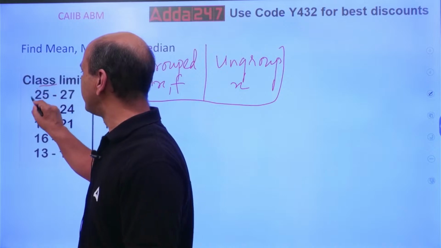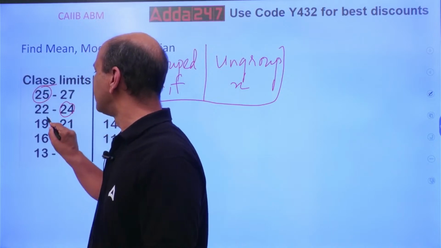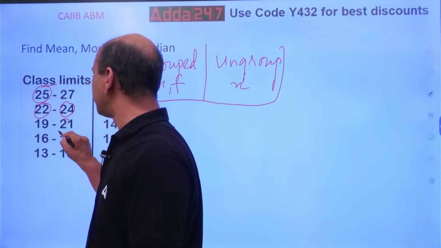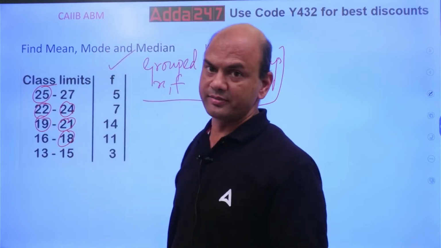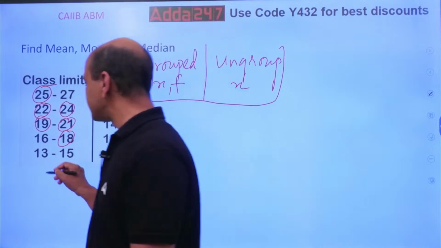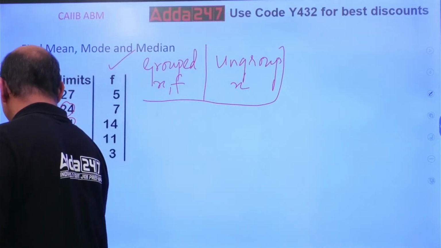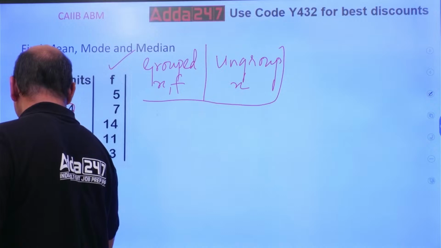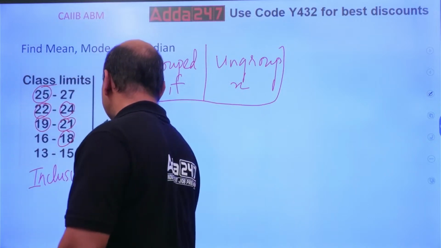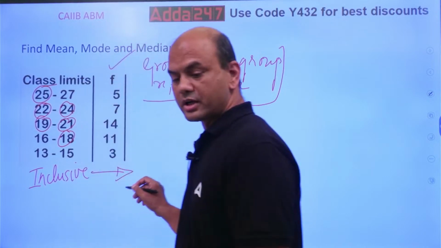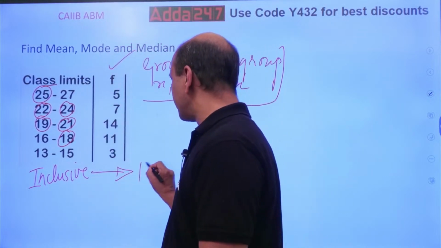Look at the ends: 25, 24, 22, 21, 19, 18. The ends are not matching. Whenever you solve any numerical, you have to convert the inclusive group to an exclusive group.